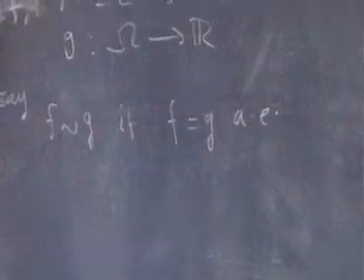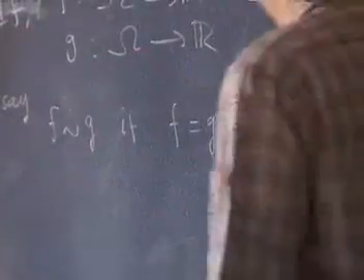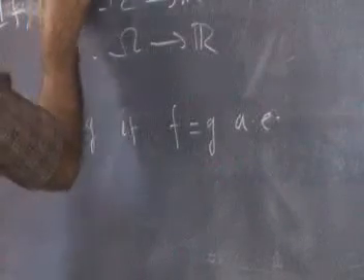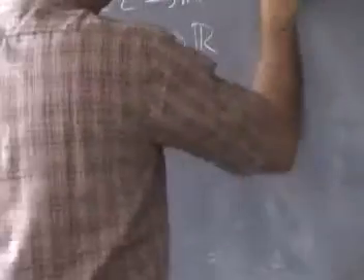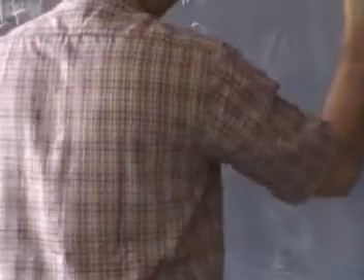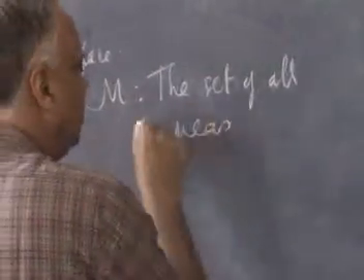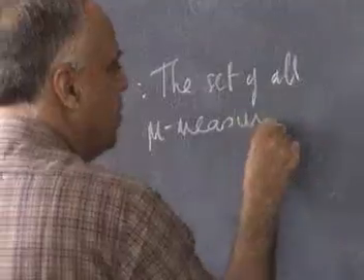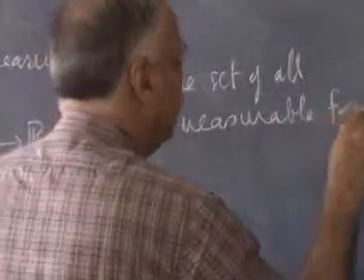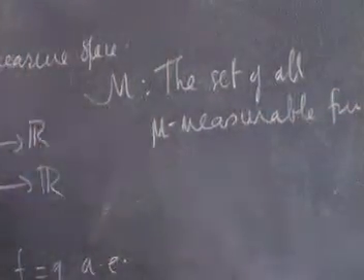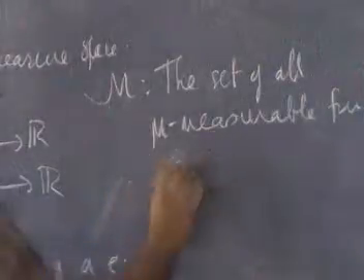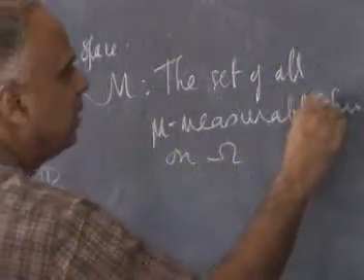So let's take first of all, what do I mean by that? Let F be the set of all mu measurable functions. Whenever I say measurability, it will be with respect to the measure mu, so mu measurable real valued functions.